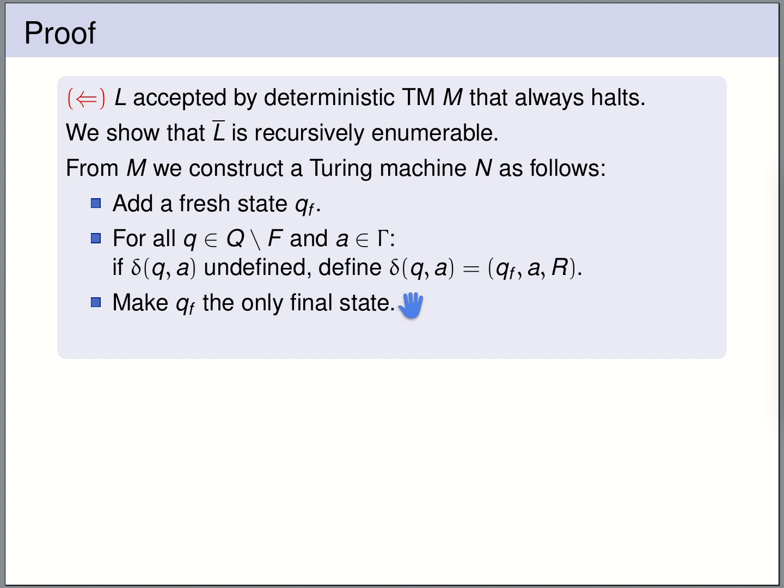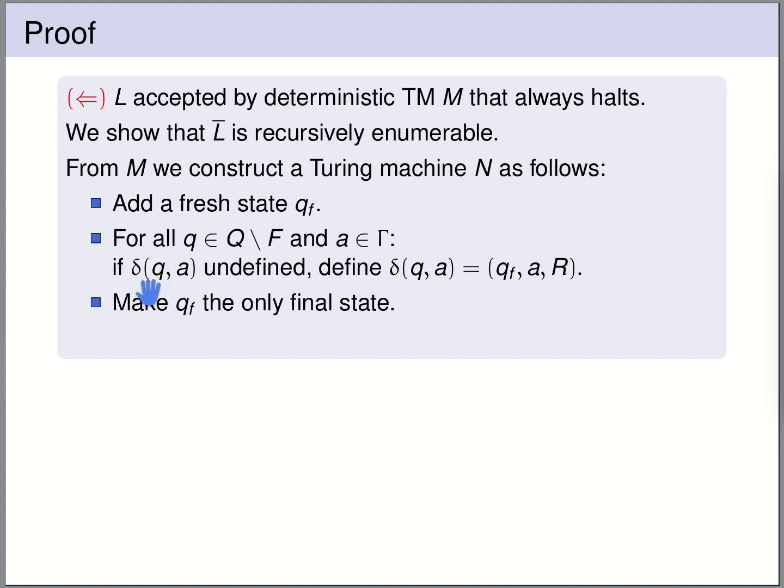Afterwards, we define that QF is the only final state of the machine. So by making QF the only final state of our machine, all the old final states are now rejecting. So the Turing machine will answer no whenever M has answered yes.